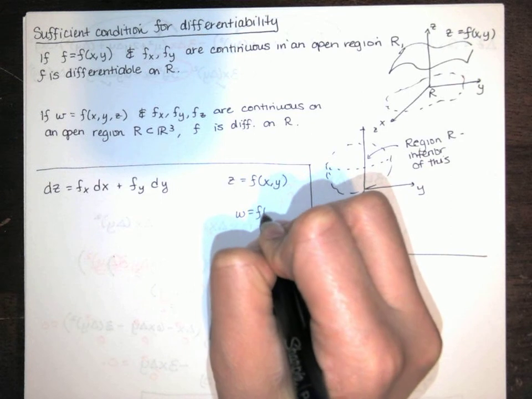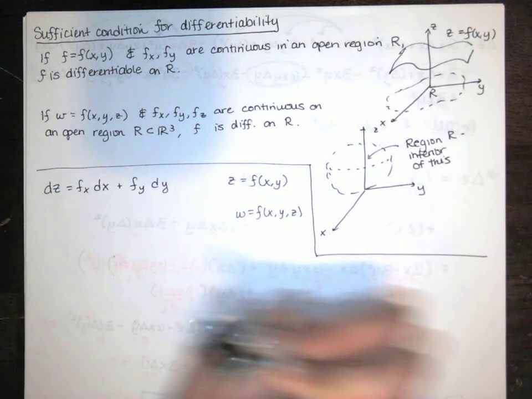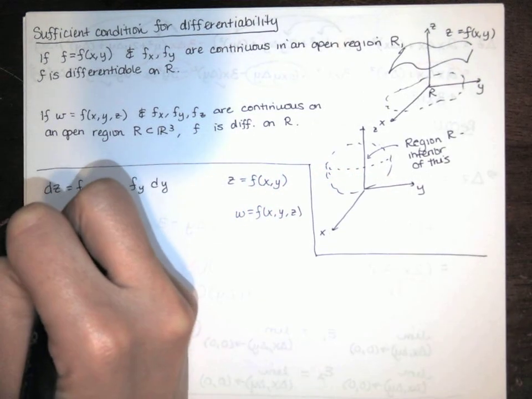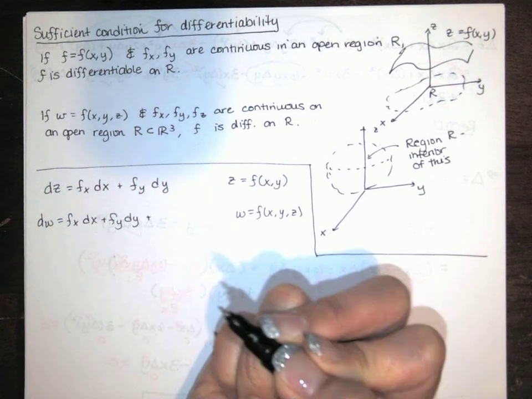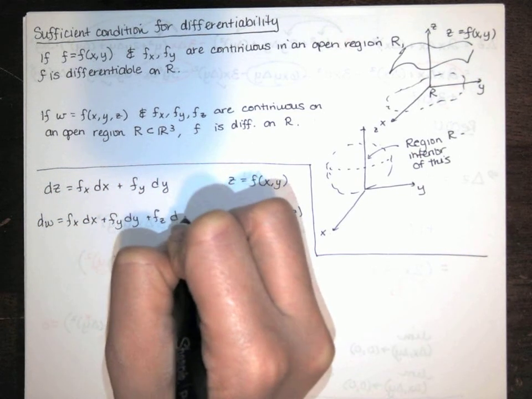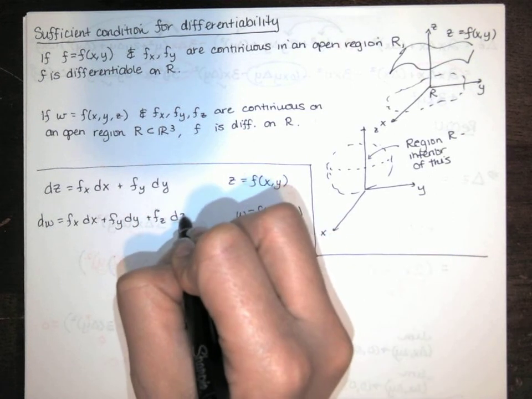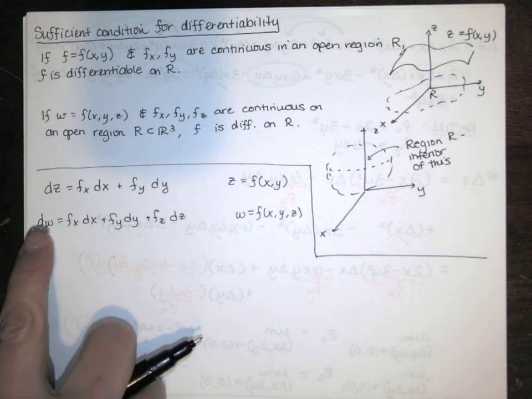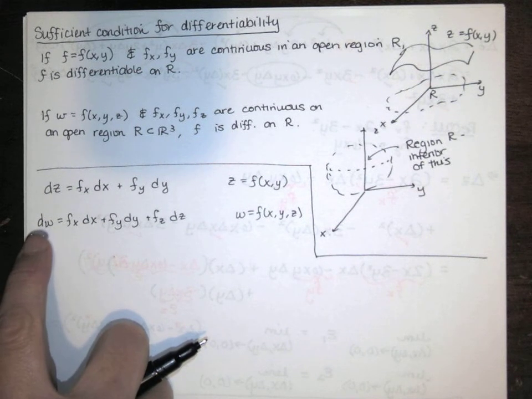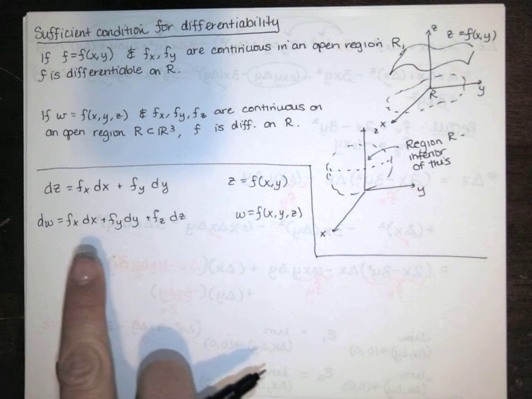Now, if w is a function of three variables, we can also calculate its total differential. It has three variables, so the total differential will have three terms. And again, if we evaluate at x naught, y naught, z naught, that's going to give us the approximate change in w using the linearization of w. It's going to be a hyperplane to approximate w.